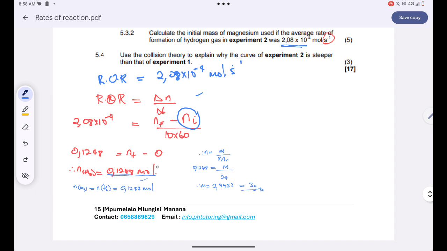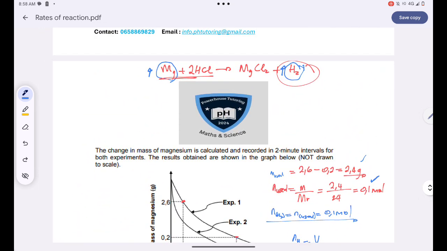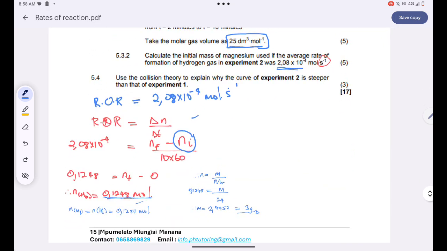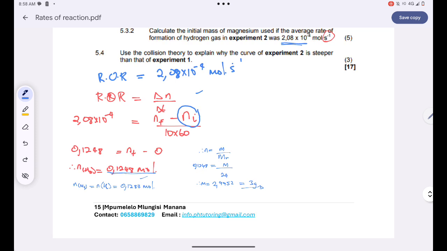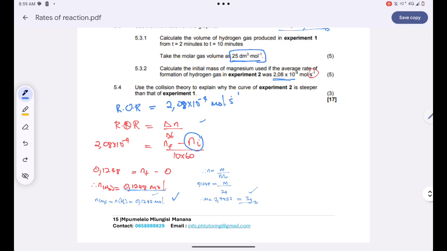We found that we got 0.1248, and since the ratio between magnesium and hydrogen is just 1:1, it simply means that the number of moles of magnesium that will be completely used up is equal to the number of moles of hydrogen that will be formed. After finding the number of moles for my magnesium, I went to the equation that says number of moles is equal to mass all over the relative atomic mass number, and then calculated the mass of my magnesium. Then I got 3 grams.